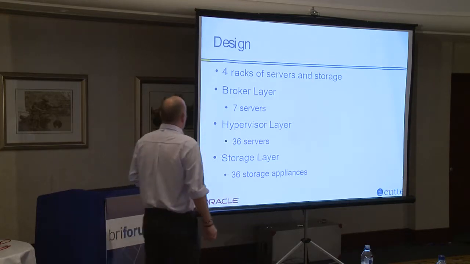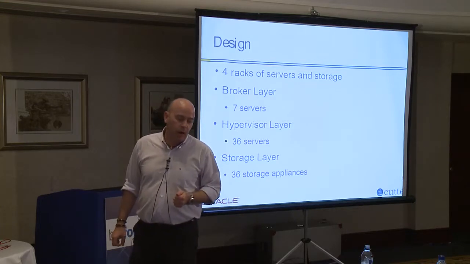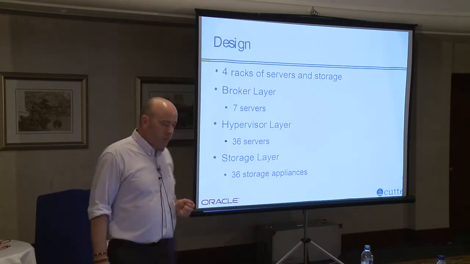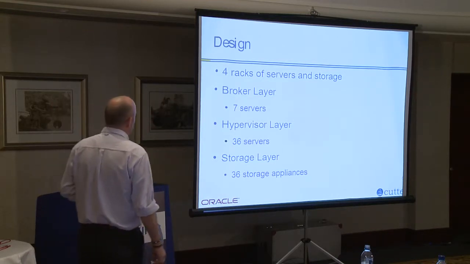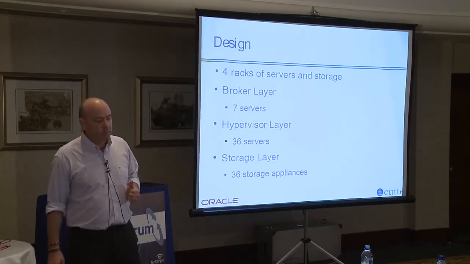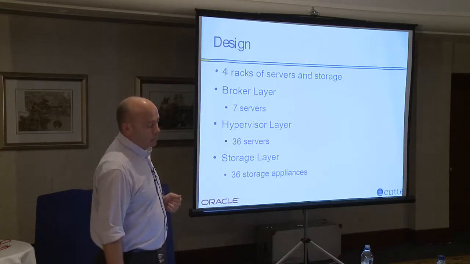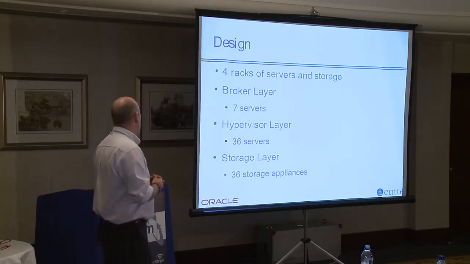Quick overview of the design. We've got 4 racks of servers and storage based in the council's on-site data center. We've put a broker layer in there of 7 1U rack-mounted servers, and they will do all of the brokerage for Sunray, and they'll provide the SGD brokerage layer behind the application gateways, which we'll talk about in a minute.